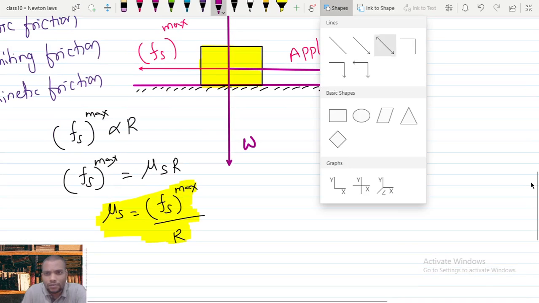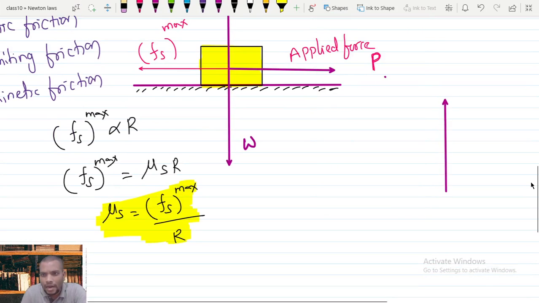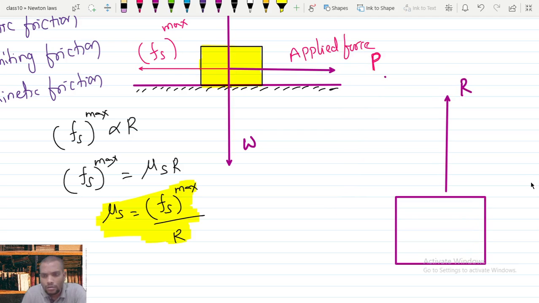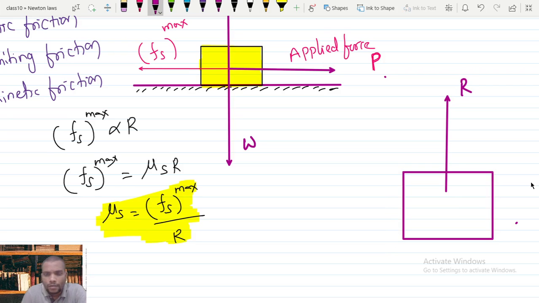One is R, which is acting on the block, and another is the limiting friction force, F suffix s max.